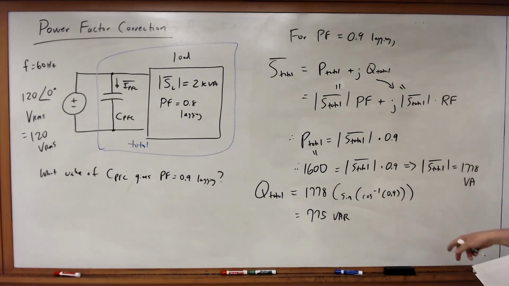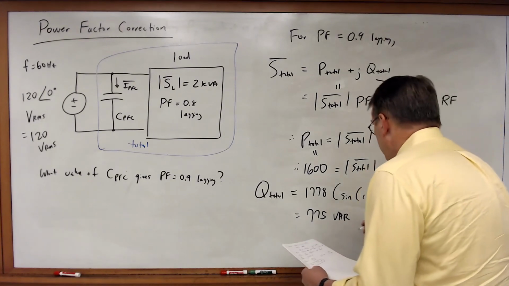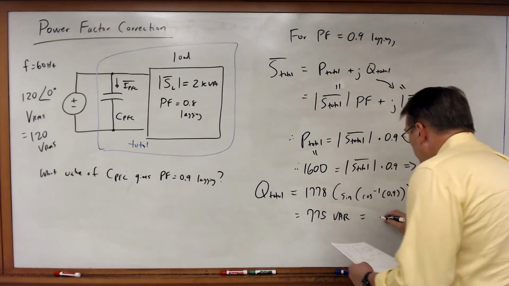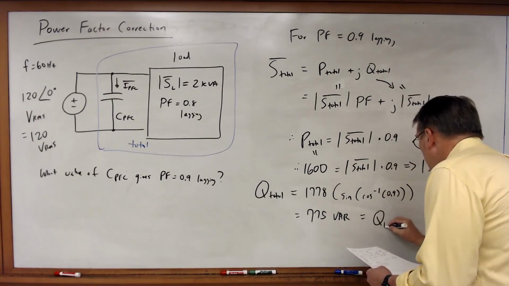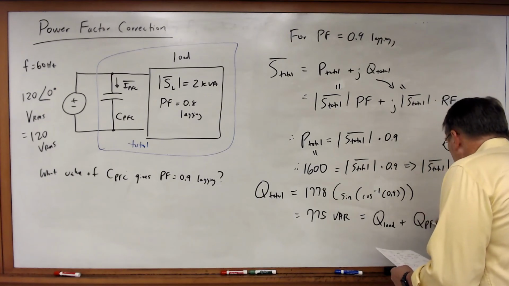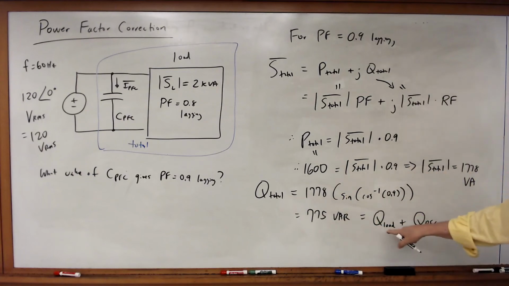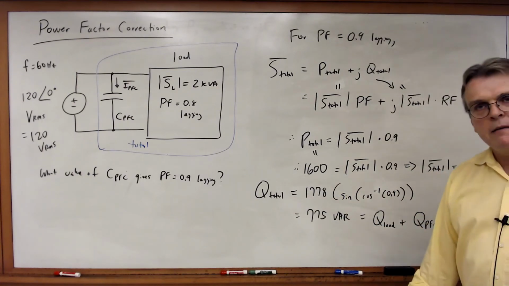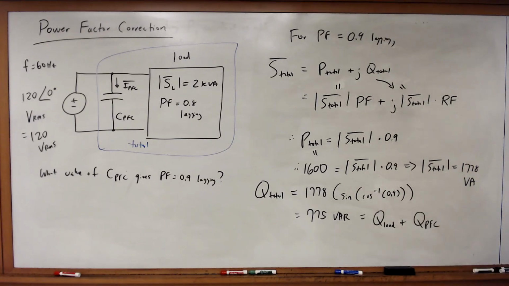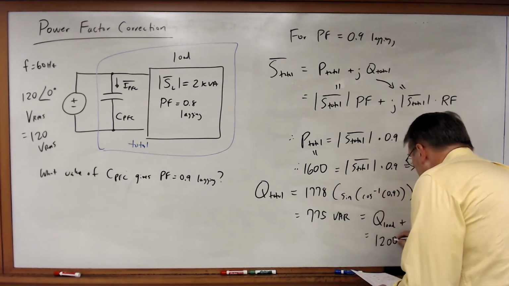So, given this, what this tells us is that Q total must be equal to Q load plus QPFC. The total reactive power in the system must be equal to the reactive power of the load and the reactive power of the power factor correction capacitor. Well, in this case, Q load is equal to 1200.